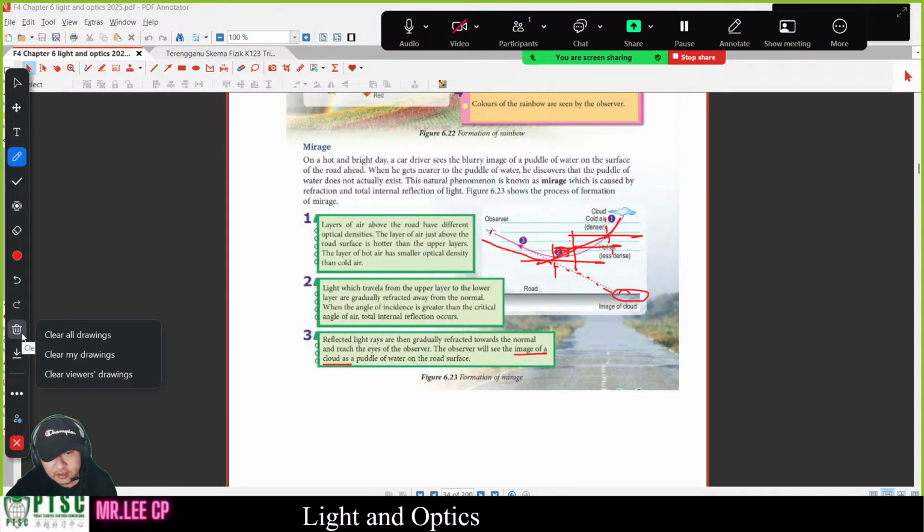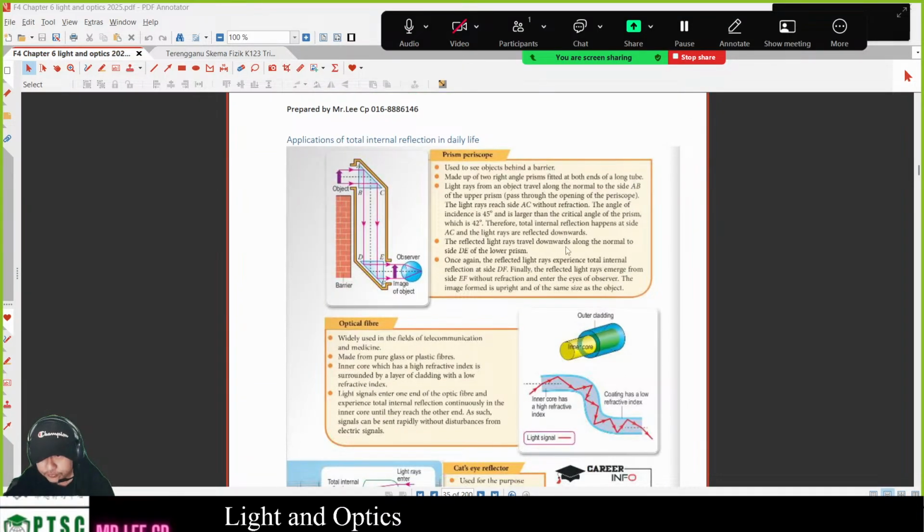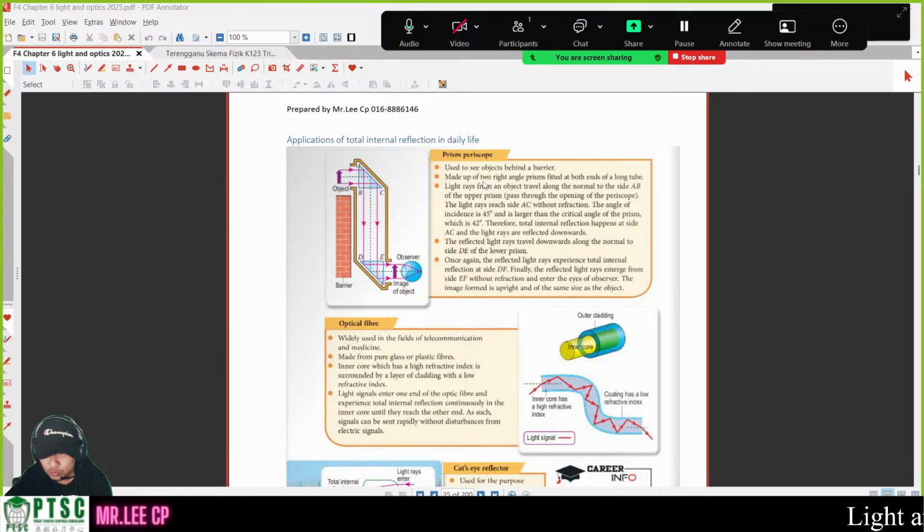This is a mirage. Okay, mirage. So now, I don't think this one will come out, alright. But in essay it can, right? In structured questions, I mean in Form 1, there would be too many marks for this kind of question. Too hard to explain, right?